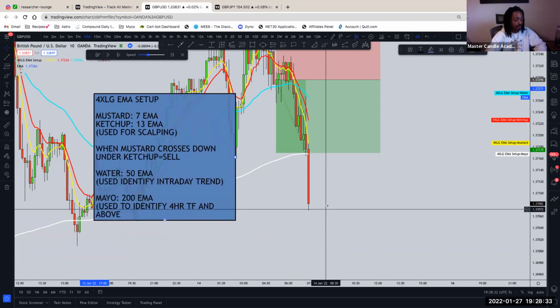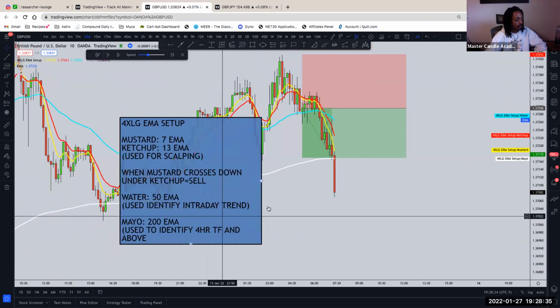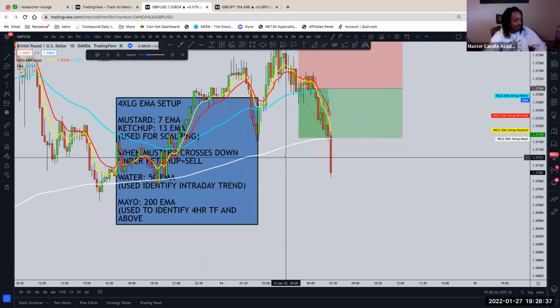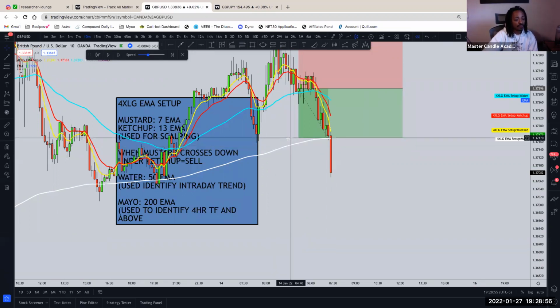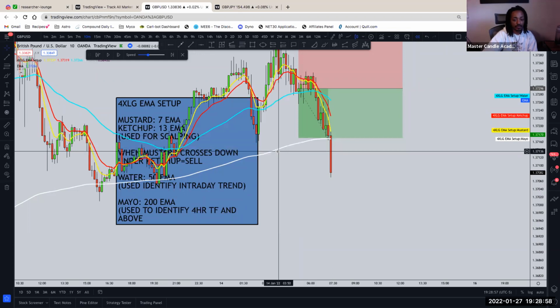So again, what is this moving average and what does it identify? What is a moving average showing there? 4 and above.